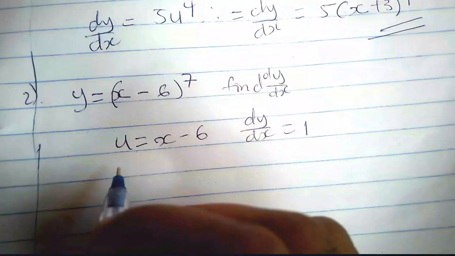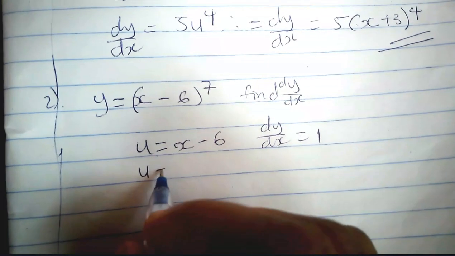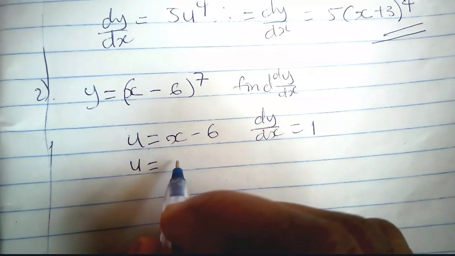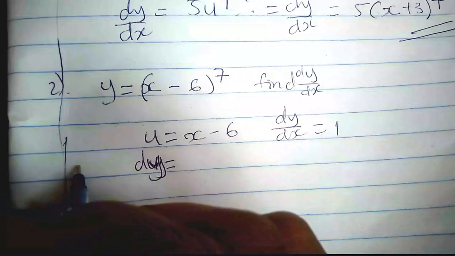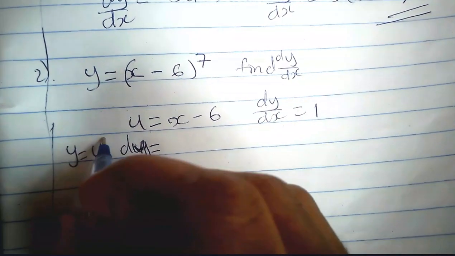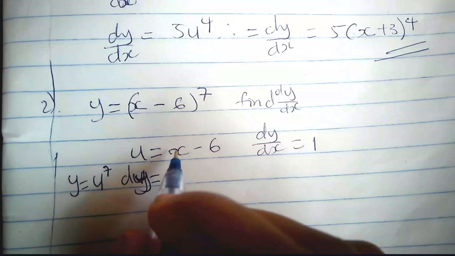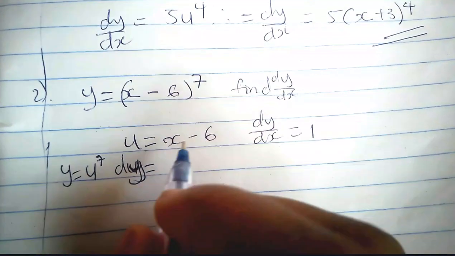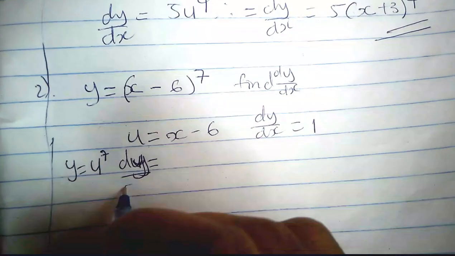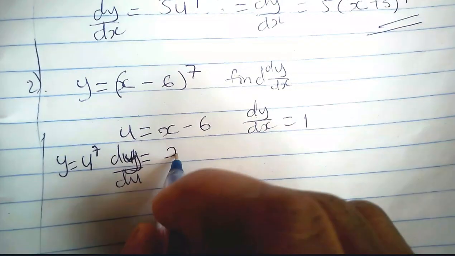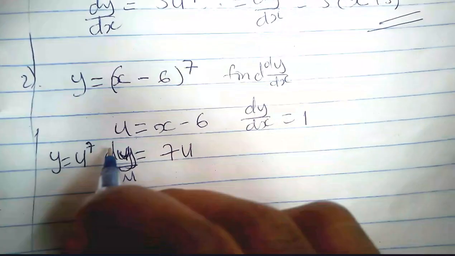So we know our y is now equal to u raised to power 7, because u is now x minus 6. So the differential value of y with respect to u now is going to be what? 7 times u raised to power 6.